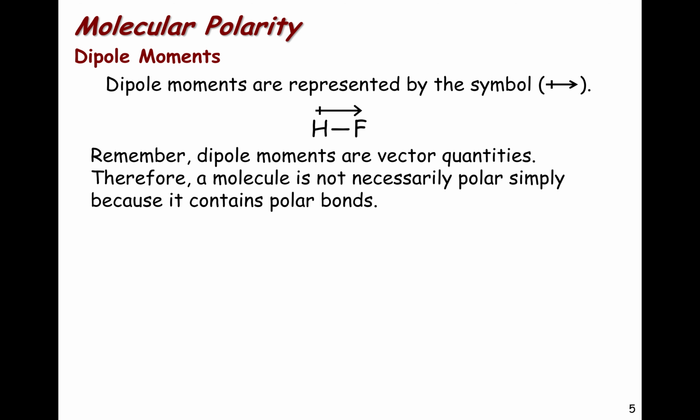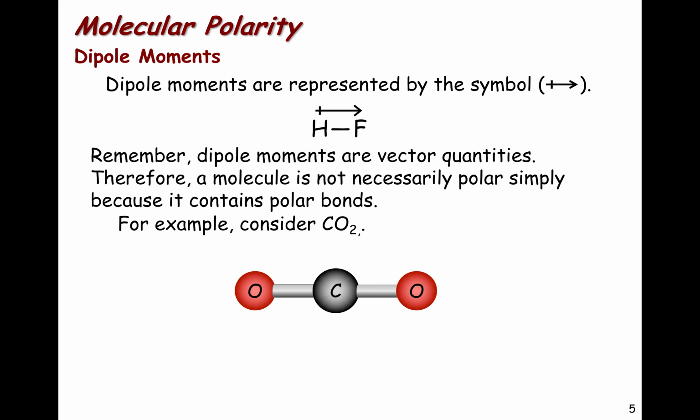In the case of molecules that have more than two atoms, we have to take into account not only whether or not we have polar covalent bonds, but also whether or not the shape of the molecule results in a dipole. So, in the case of something like carbon dioxide, the carbon-oxygen bond is a polar covalent bond, and there are two of them, such that the dipole within each of these bonds is pointed towards the oxygen atom.